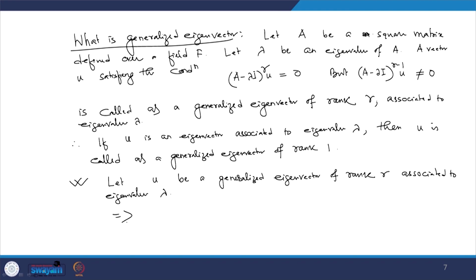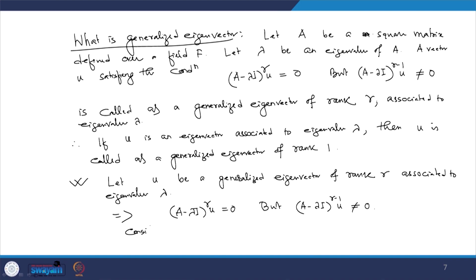So this implies (A minus lambda I) to the power R operating on U equals 0, but (A minus lambda I) to the power R minus 1 operating on U is not equal to 0.